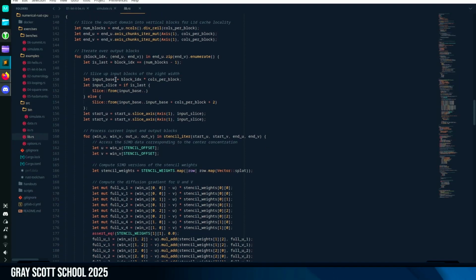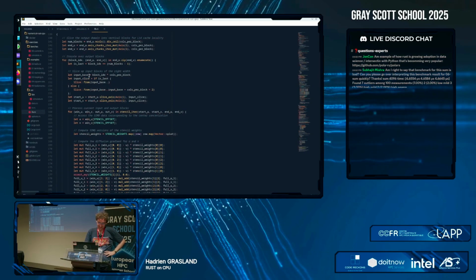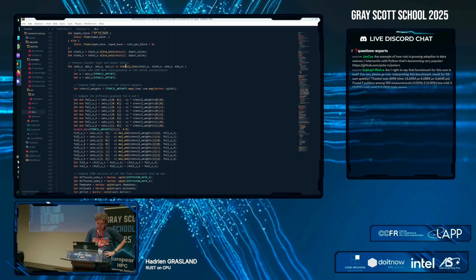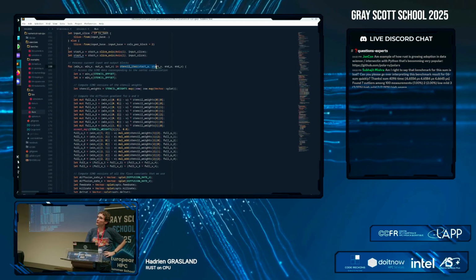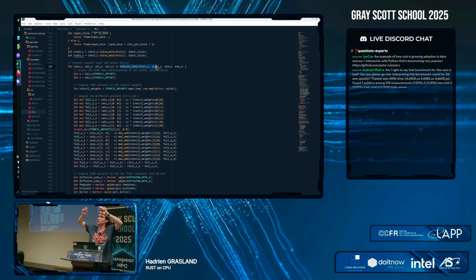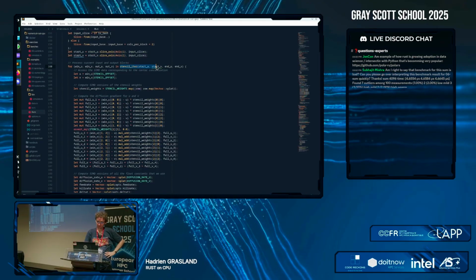Yeah, it slices the input blocks the way they need to be sliced, at least the way I think they need to be sliced. Then I have my custom iterator doing the joint iteration of our input windows and output values.